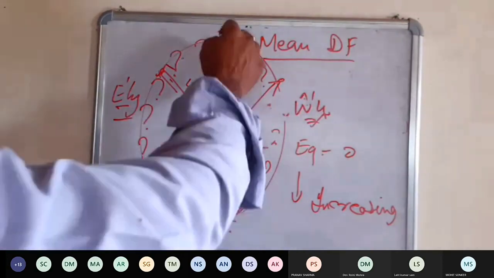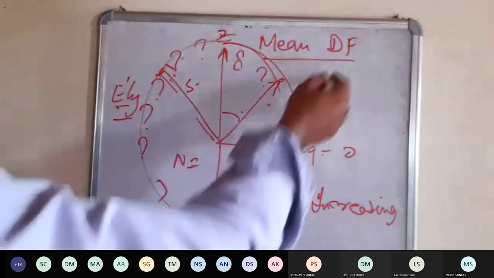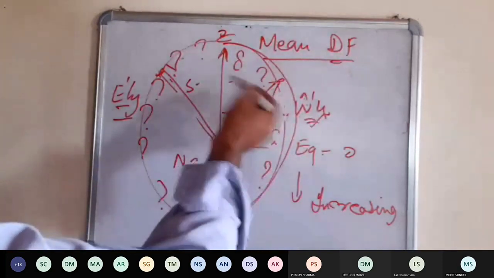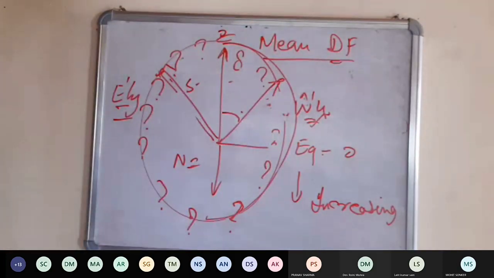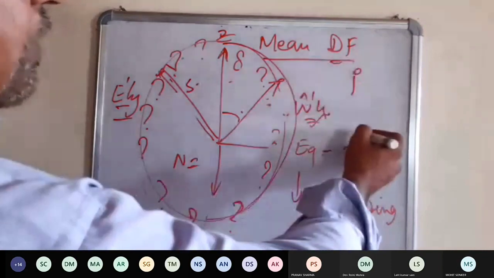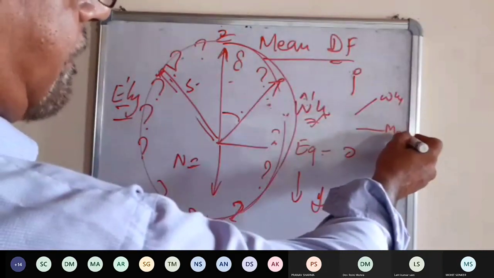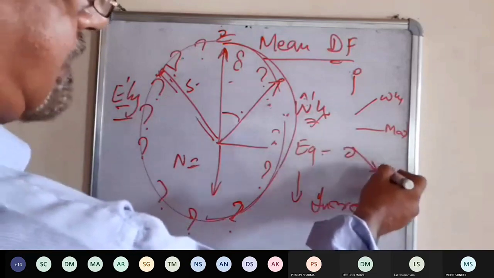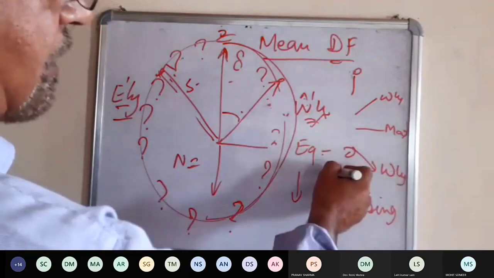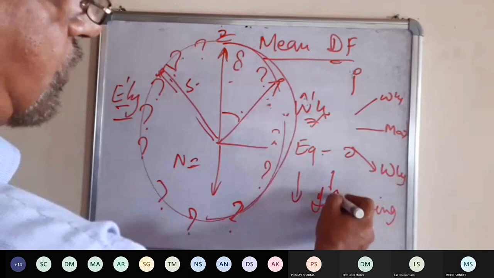So the effect of this directive force due to which it is changing, the mean directive force remains the same. Like we said just now, here it is 0, here westerly, here maximum, here westerly again, reduced a bit, here 0.